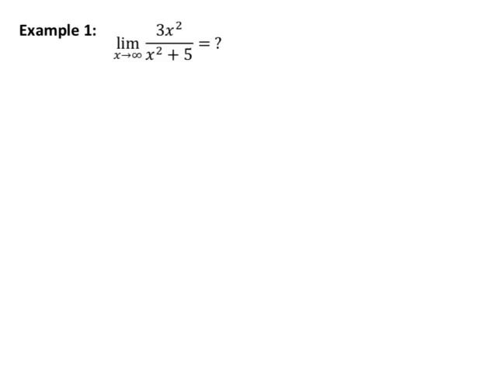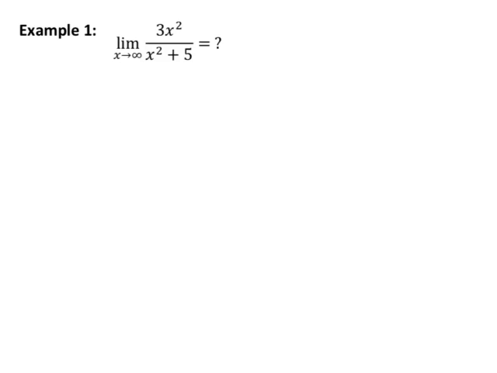What we're going to do is take this limit and multiply it by a certain factor, and that factor is going to be associated with the largest power in this expression. We have 3x squared and x squared. It seems that the largest power here is going to be x squared. So let's see what we write.